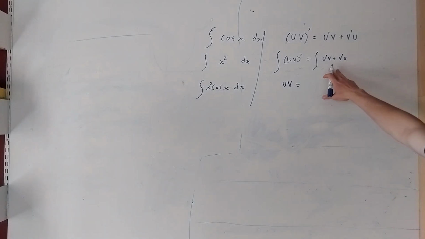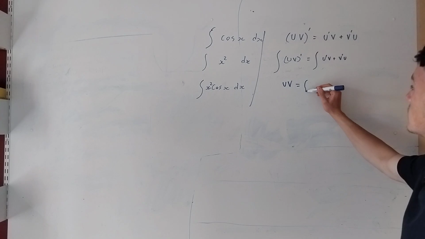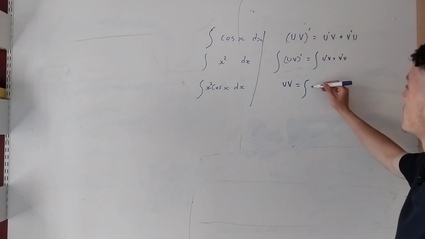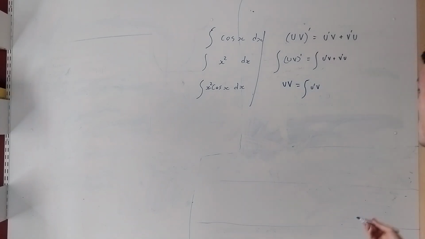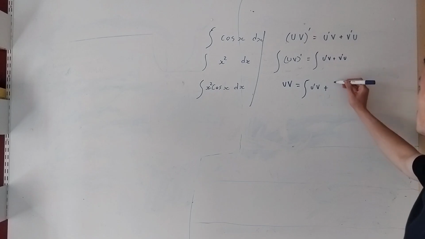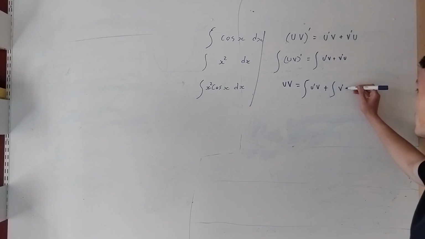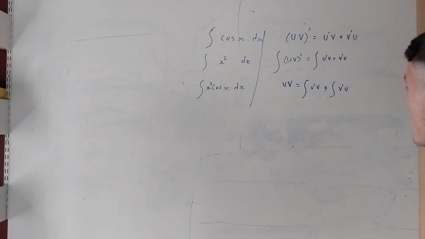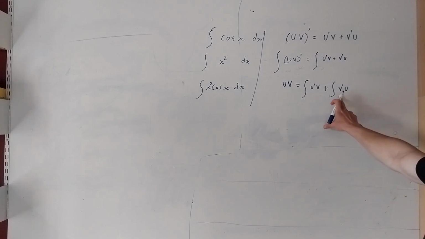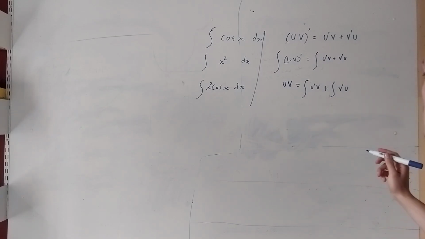And note that we can split up integrals. So we can write this as the integral of u dash v plus the integral of v dash u. Okay, so now let's take away this integral v dash u from both sides.